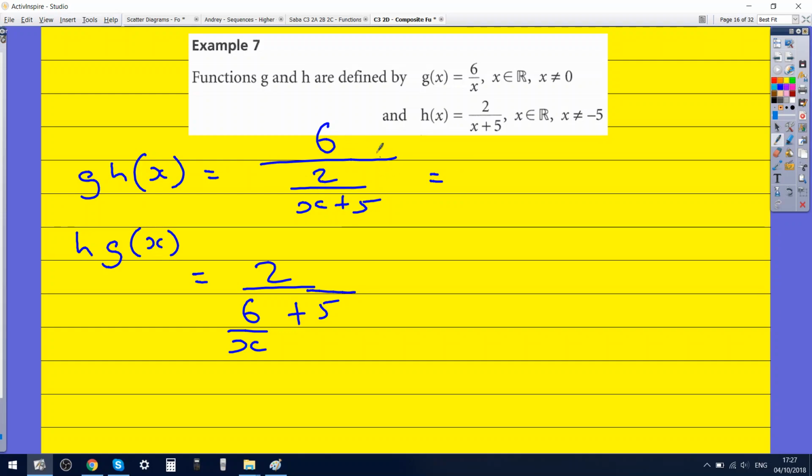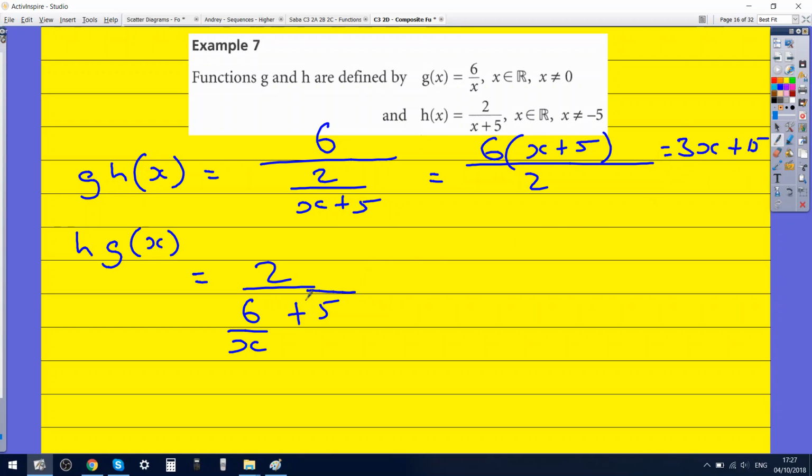If I do keep, change, flip for this one, on the top I get 6 times x plus 5 and 2 on the bottom. What does that simplify to? 3x plus 15, after you expand it.